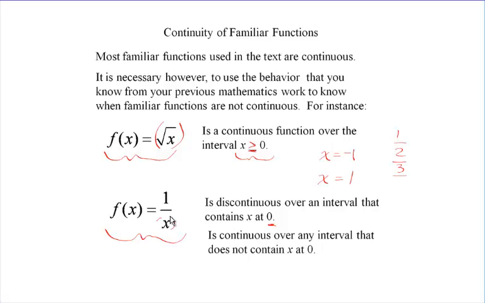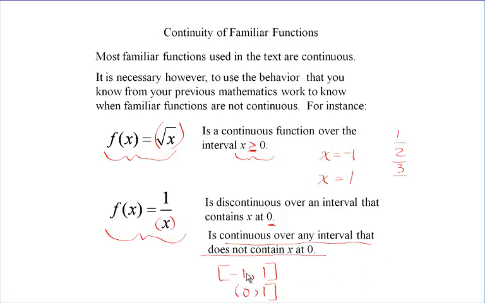This function is not continuous when x equals 0, but it is continuous over any interval that does not contain x equals 0. This function is not continuous over this interval, but it is continuous over that interval.